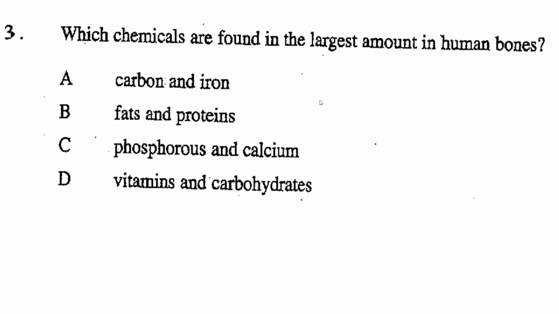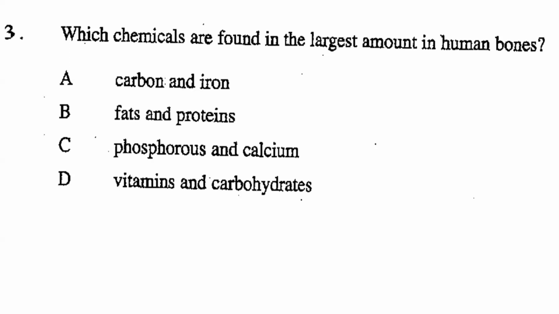Okay, go ahead, Jevon. Read. Which chemicals are found in a larger amount in human bones? Read the options. A. Carbon and iron. B. Fats and protein. C. Phosphorus and calcium.